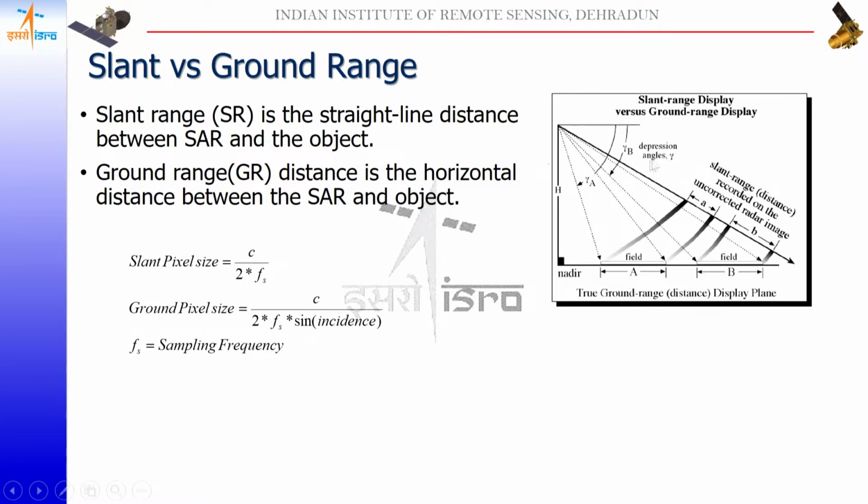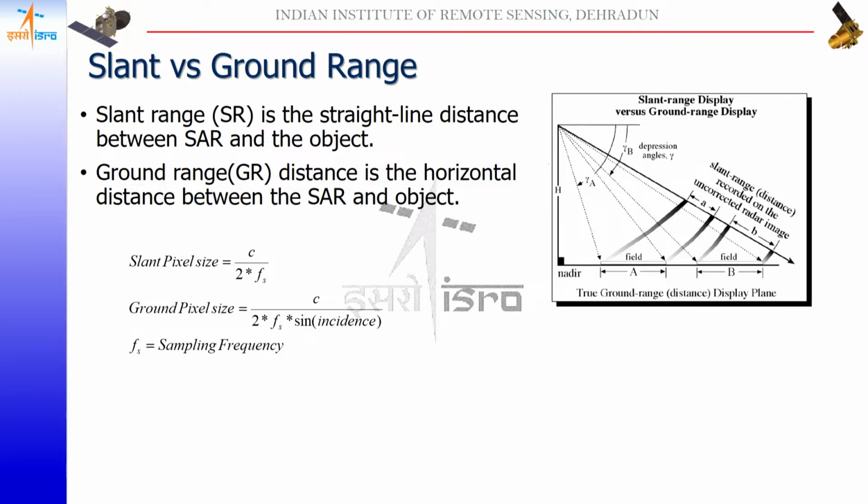So we can project this slant range product onto the ground by using this formula: ground pixel size equals c by 2fs sine theta. So we can use this formula to convert the slant pixel size to the ground pixel size, and this is a simple geometrical correction we can apply to any slant range data.